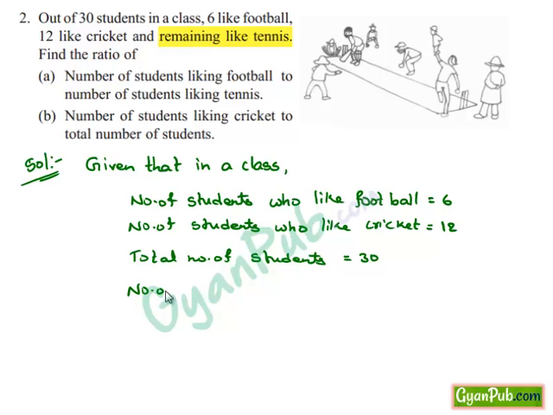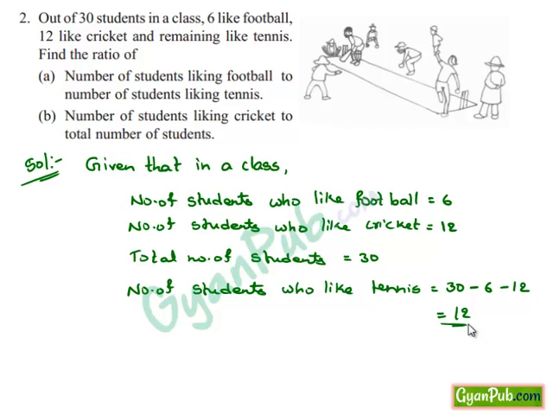So number of students who like tennis is nothing but total minus, that is 30, minus number of students who like football, that is 6, minus number of students who like cricket, that is 12. This is equal to 30 minus 6 gives 24 and 24 minus 12 gives 12. Therefore, number of students who like tennis is equal to 12.